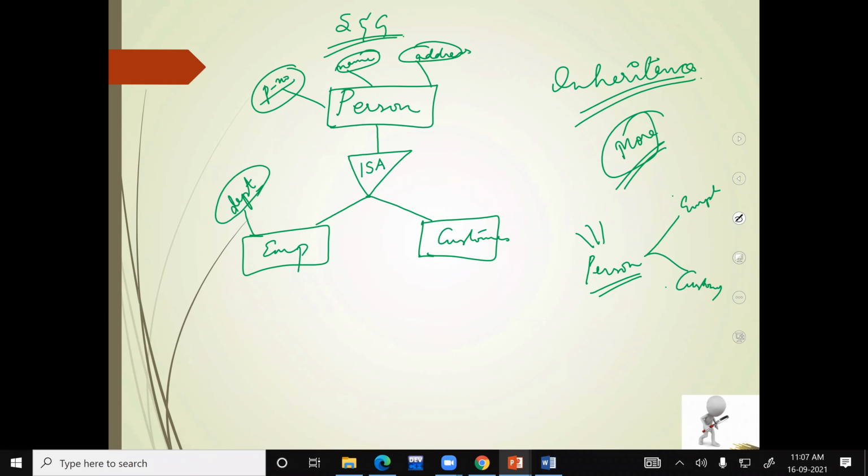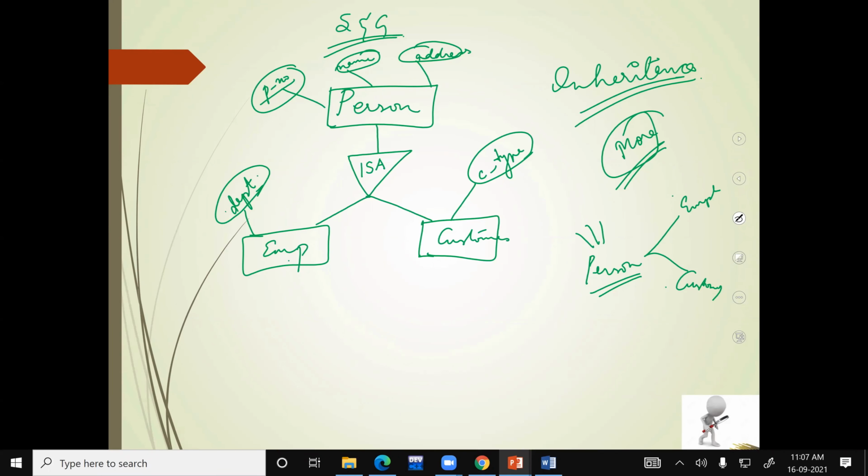But for customer, you will not have an attribute called department. Instead, you might have something like customer type, like a privileged customer, a gold customer, a silver customer, or an ordinary customer, and so on. This attribute called department is something which all persons do not have. Only an employee will have an attribute called department.